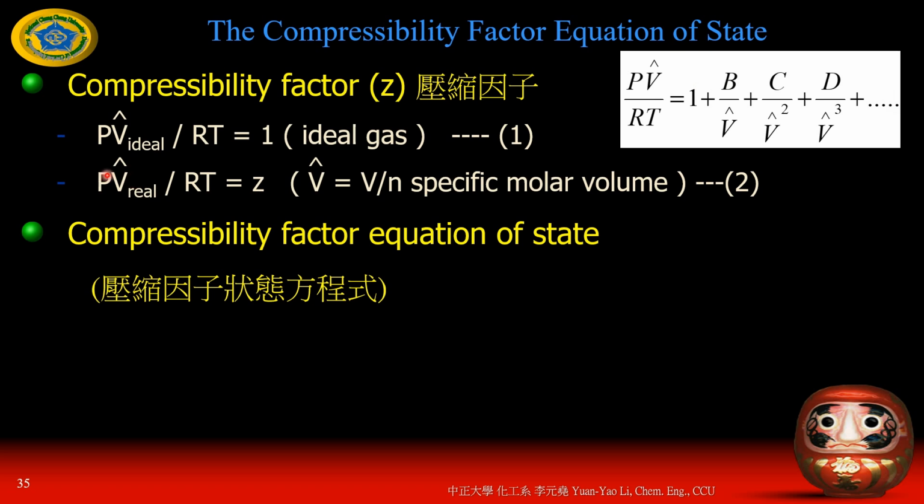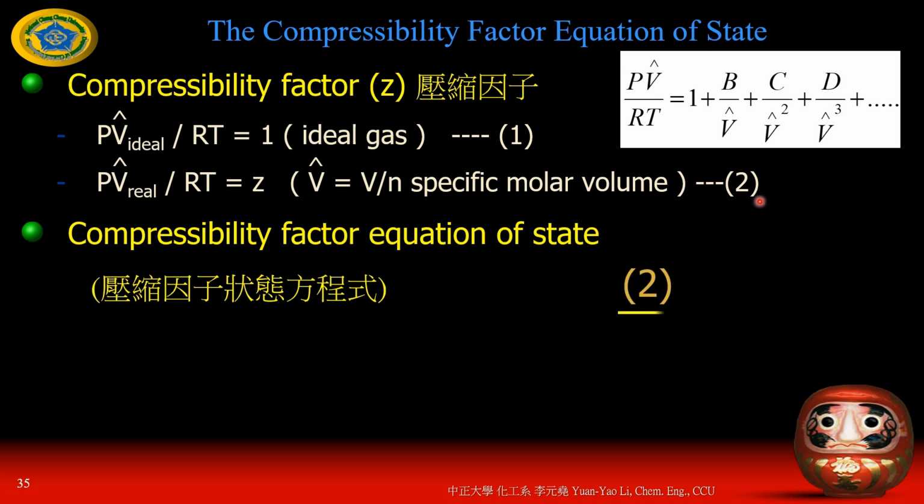Okay, so PV over n divided by RT equals Z, where Z is not equal to 1. If Z equals 1, this is the ideal gas equation of state, right? So this is equation 1 and this is equation 2.